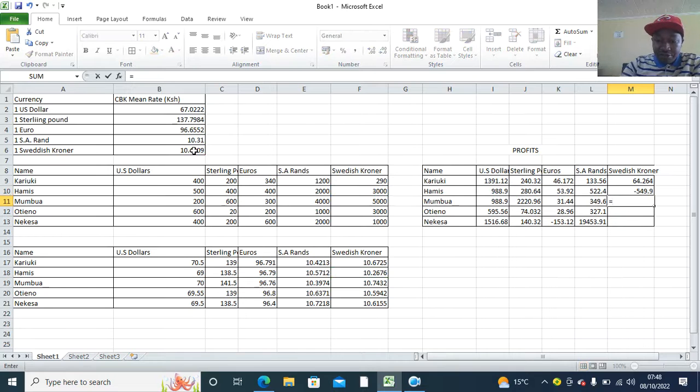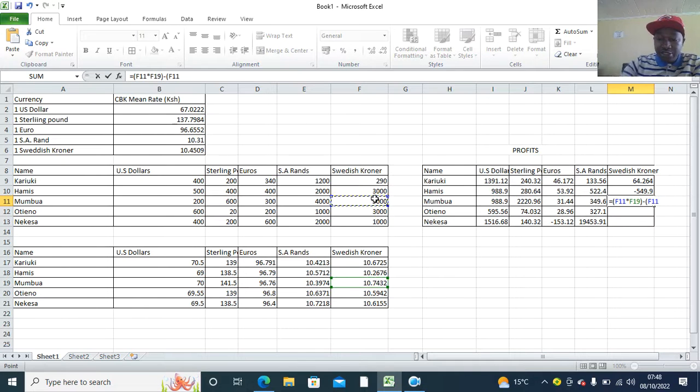Then we have equals, open the bracket. We have Mumbwa, that one, times that is the third, then open the bracket.